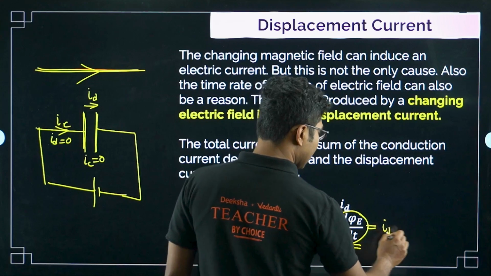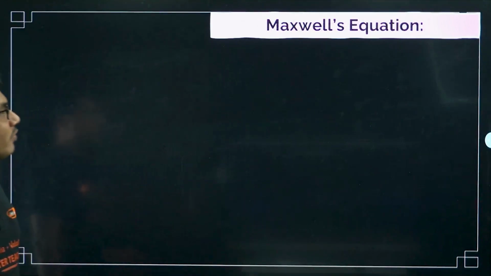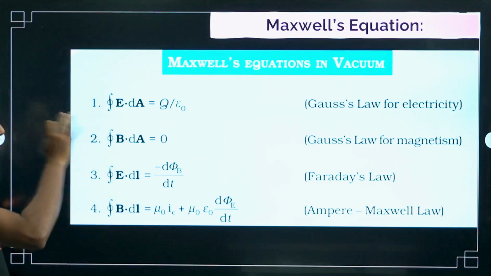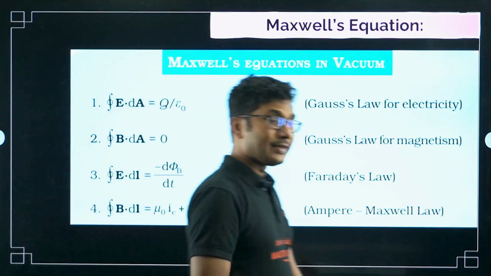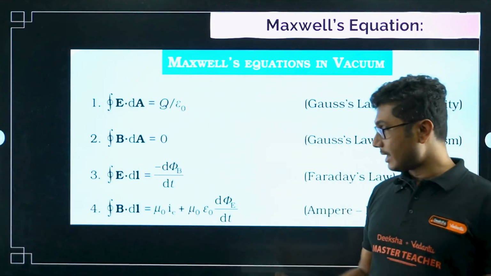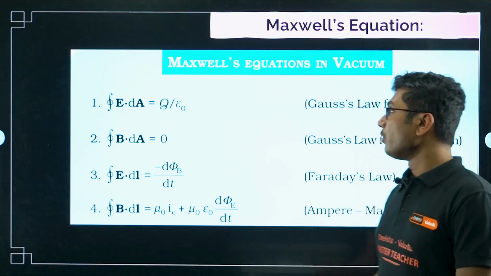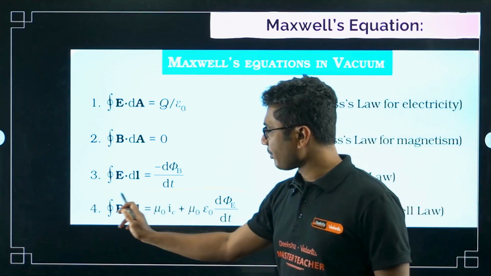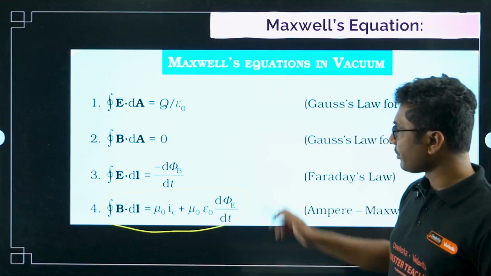This is ID. Now let's move on to Maxwell's equations. These are the four equations. Even though they were not all developed by Maxwell, Maxwell contributed only in this relation, the Ampere-Maxwell relation or corrected Ampere's law.